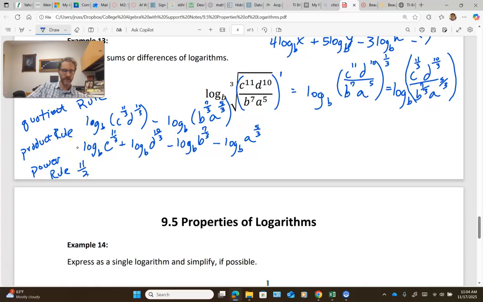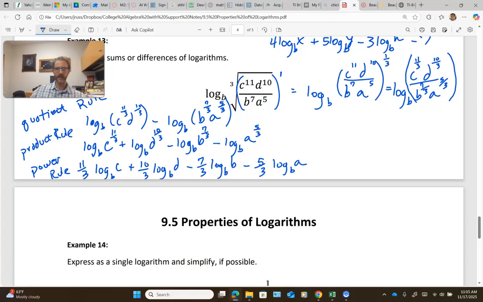So this will become 11/3 times log base b of c, drop down that plus sign, 10/3 times log base b of d minus 7/3 times log base b of b, which is just going to turn into 1 again, minus, oops, I forgot to move the exponent out, 5/3 times log base b of a, okay?